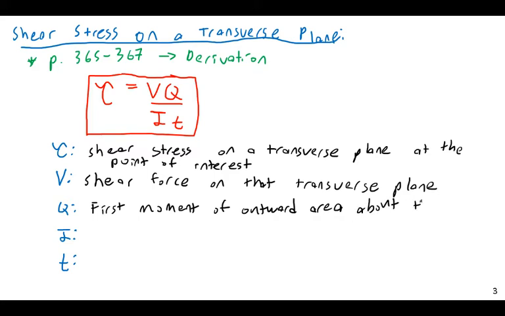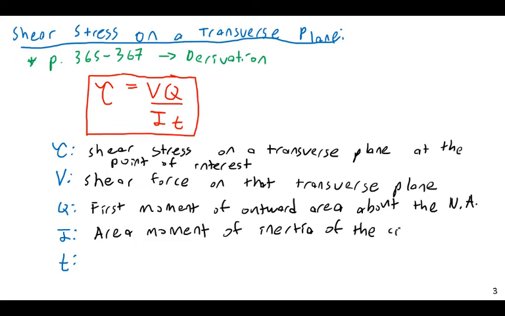I is the area moment of inertia of the whole cross section. And finally, t is, oh, that's fairly simple, the cross-sectional thickness at the point of interest.